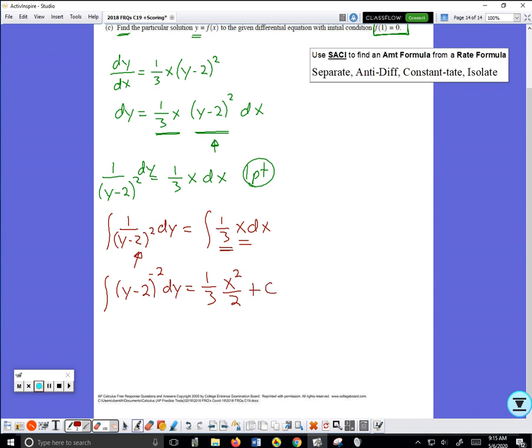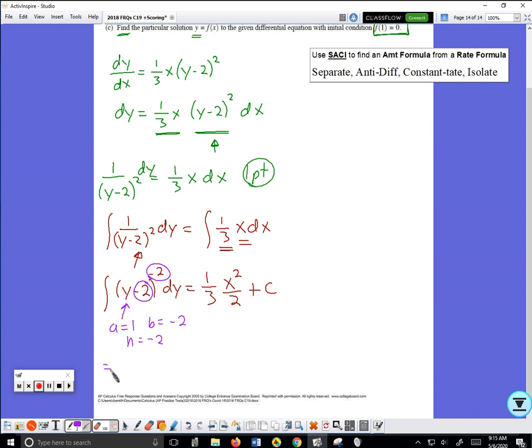This is going to use the expanded rule right here, where a is equal to 1 and b is equal to negative 2. And the n is also negative 2. This is the n. This is the b right here.